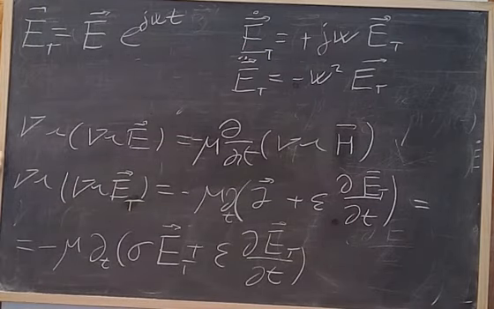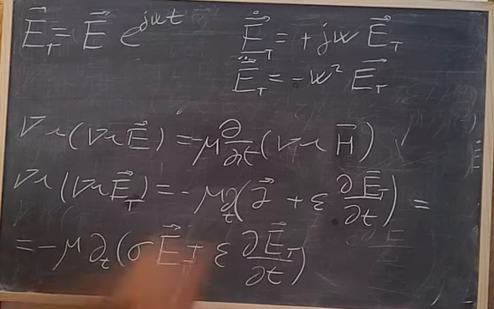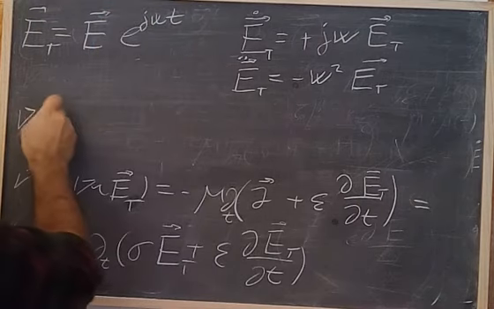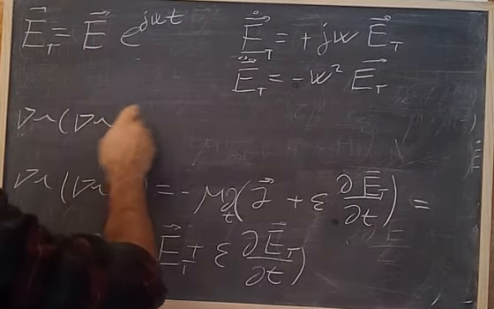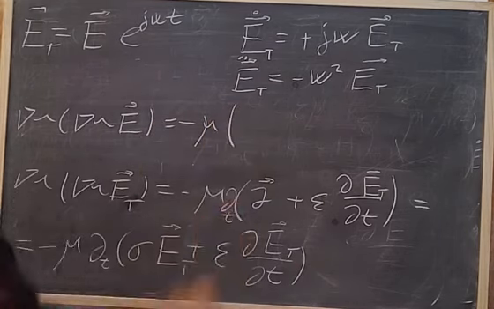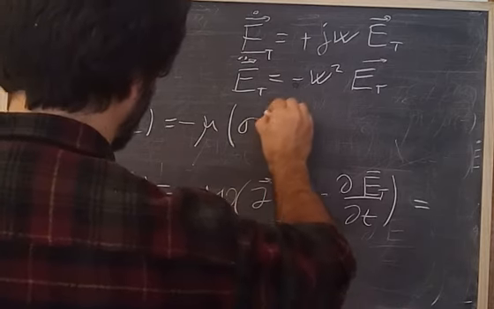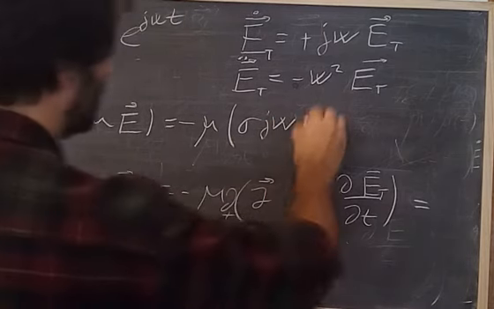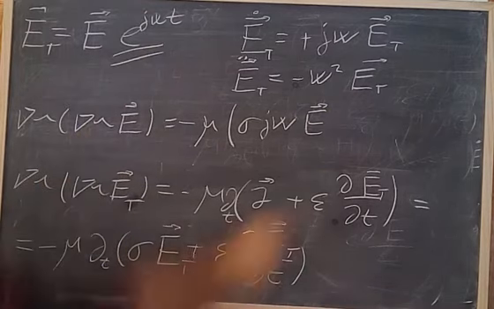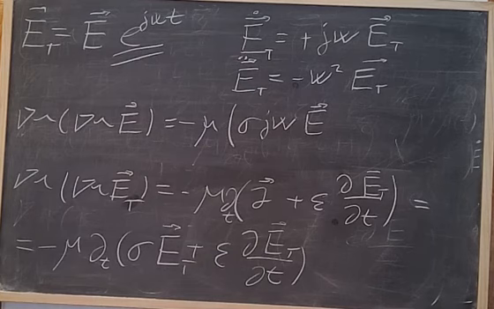Now, if we replace these values in the equation, we can write minus sigma j omega times the electric field amplitude. I remove this part from the equation. I have only the spatial distribution of the electric field, I remove the time dependence in the equation.